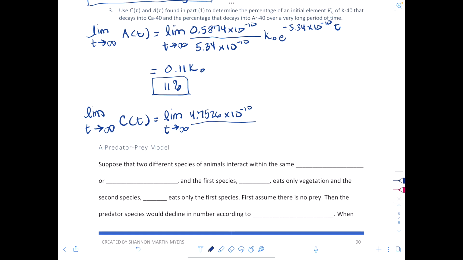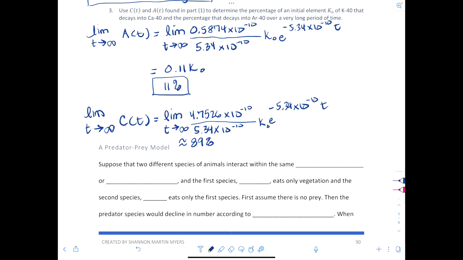That's going to be over lambda 1 plus lambda 2, which we know is 5.34 times 10 to the negative 10 times K0 e to the negative 5.34 times 10 to the negative 10 times t. And then that turns out to be approximately 89% because the exponential goes to 1.